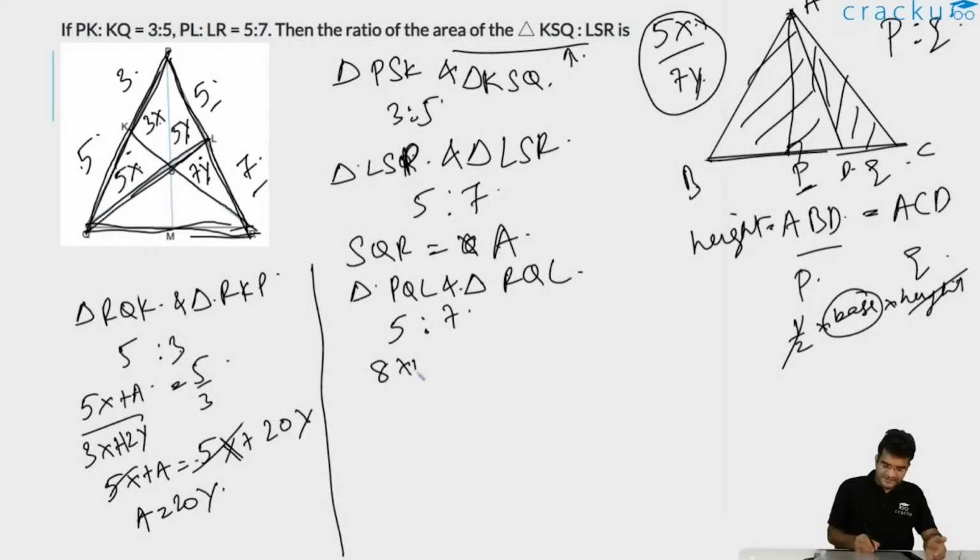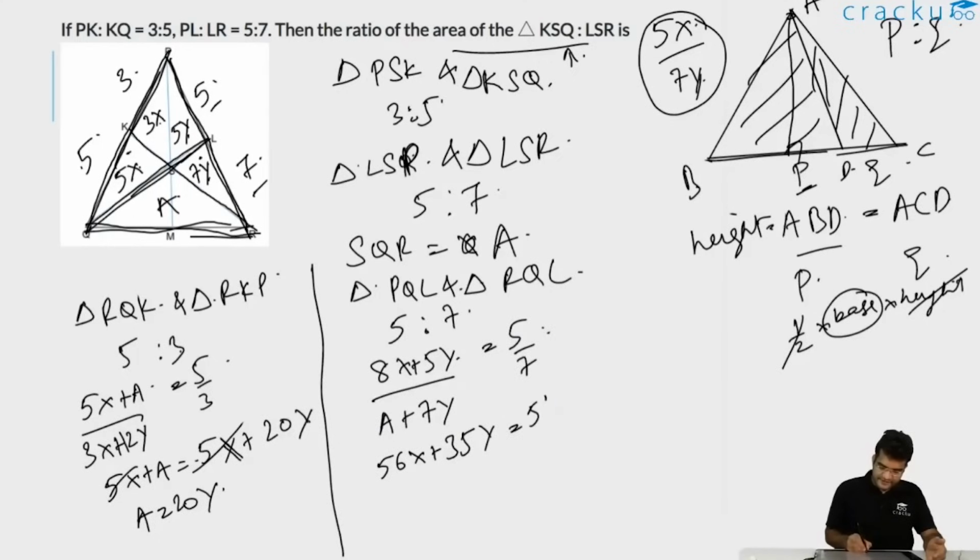So (8x plus 5y) divided by (A plus 7y) is 5:7. Cross multiplying, we get 56x plus 35y equals 5A plus 35y. Cancelling, A is equal to 56x by 5.